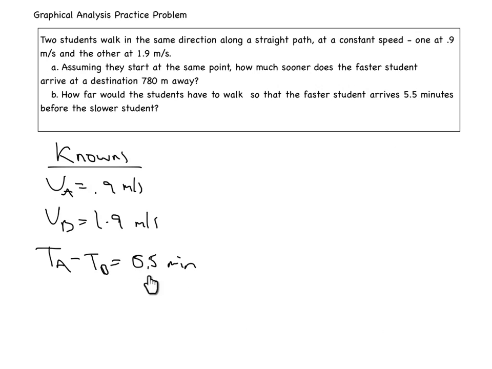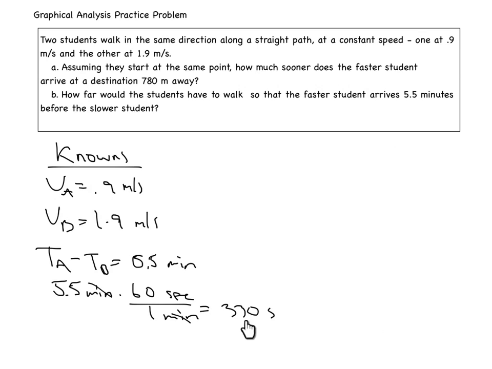So we need to get the units of time to match up. So let's convert this 5.5 minutes to seconds. I'm going to take the 5.5 minutes, multiply it by 60 seconds in 1 minute, and the minutes will cancel, and that will give me a total of 330 seconds.